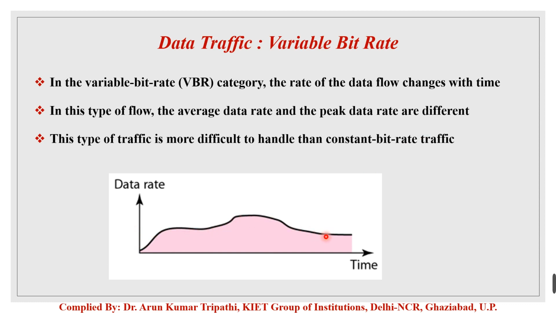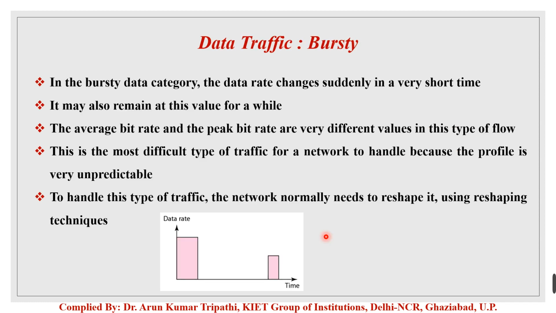Now we are coming to the third and last type of data traffic, that is known as the bursty data rate. In the bursty data category, the data rate changes suddenly in a very short time. It may also remain constant at this value for a while.